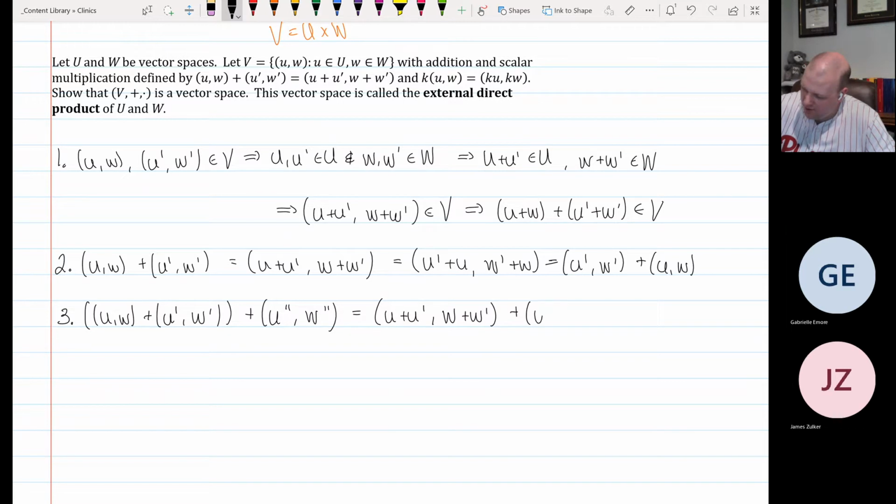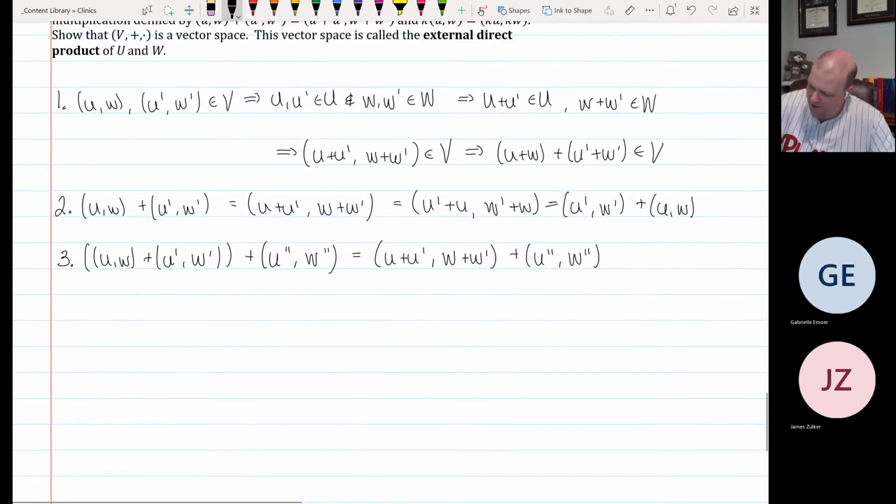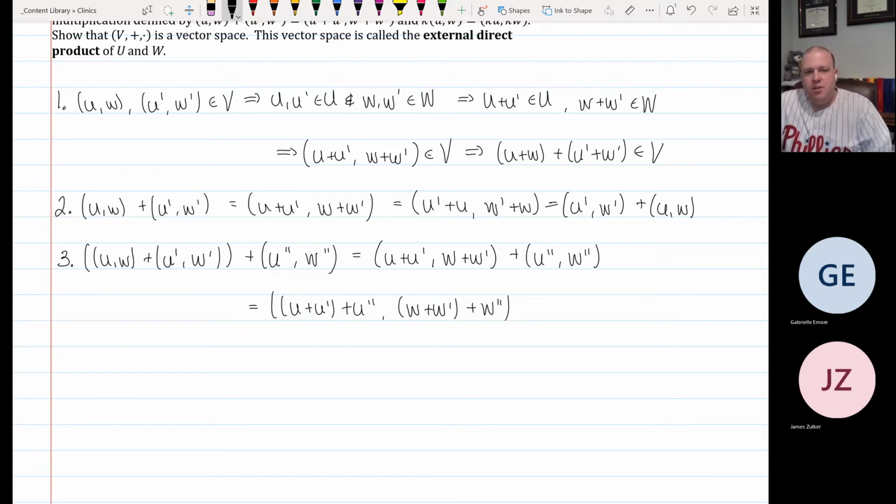And then all that'll be plus (u double prime, w double prime). And by definition, we'll have (u plus u prime, then plus u double prime, w plus w prime, and then plus w double prime).